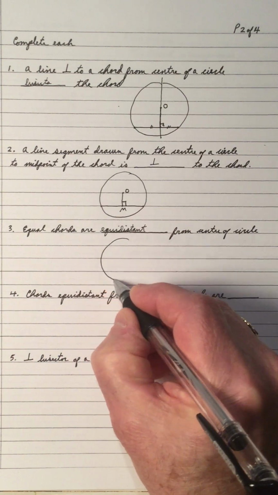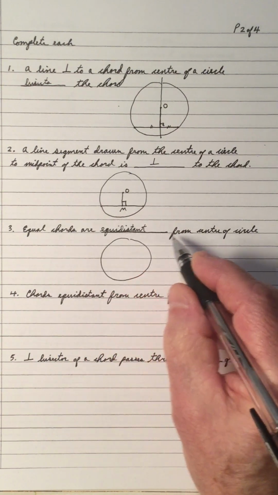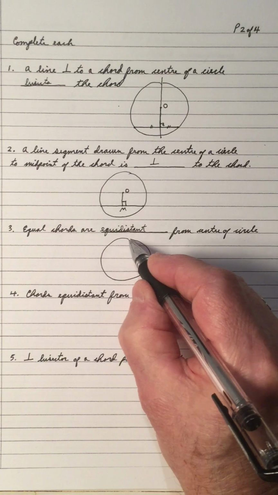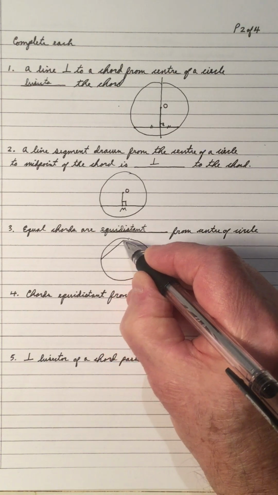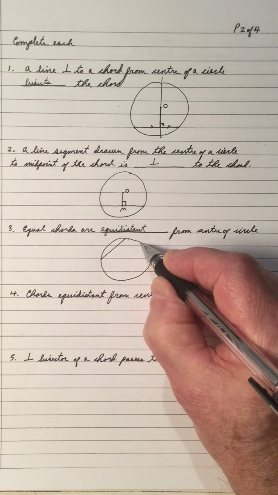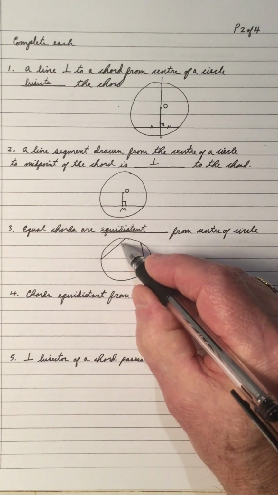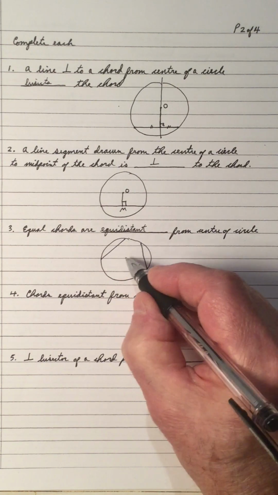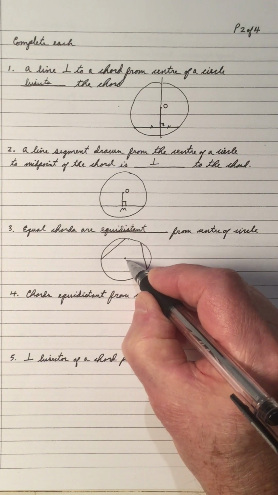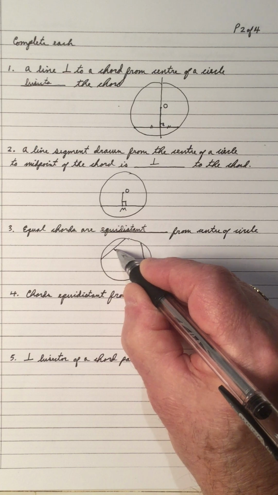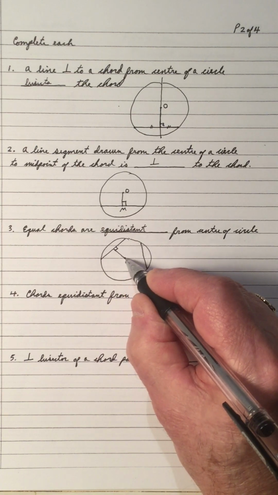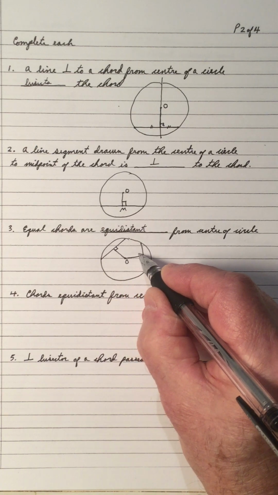So what we mean here is that two chords are equal distance from the center. If this chord right here is equal in length to this chord, and this is the center of the circle, then this distance here, which is the perpendicular distance, is equal to this distance here.